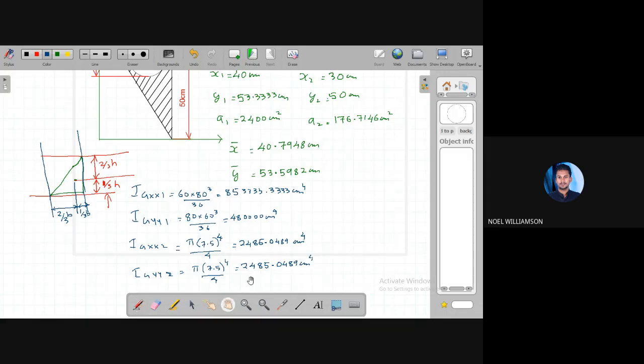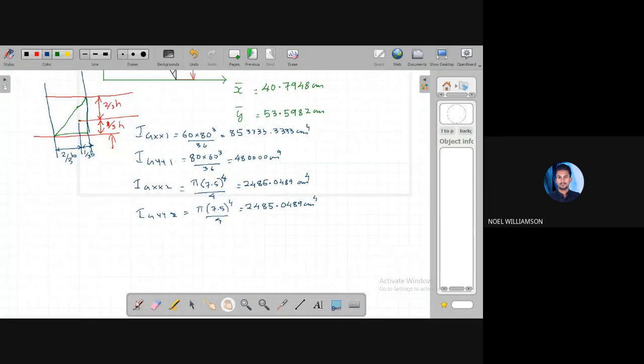And the values of h1x, h2x, h1y, h2y, etc. So h1x, you have to get 0.7948 centimeter.